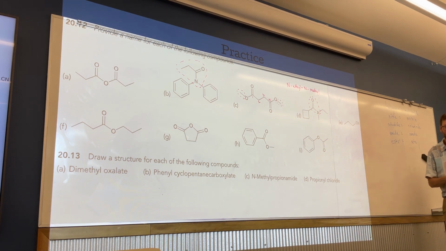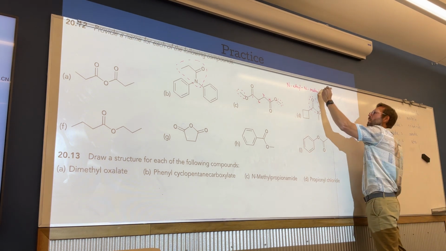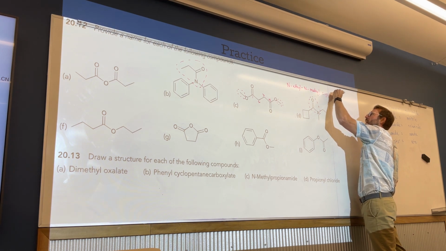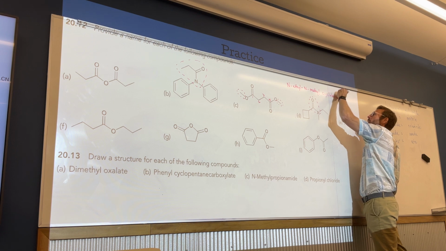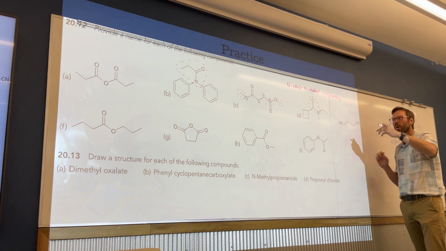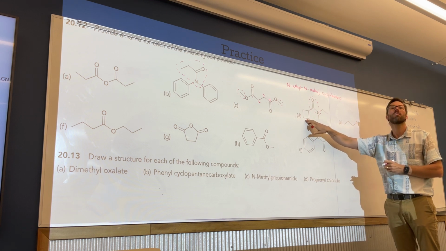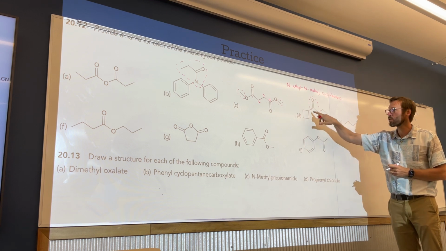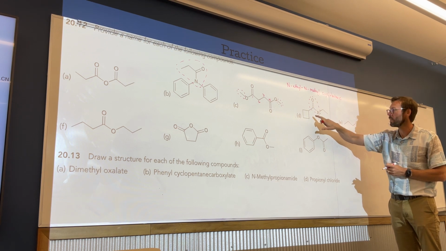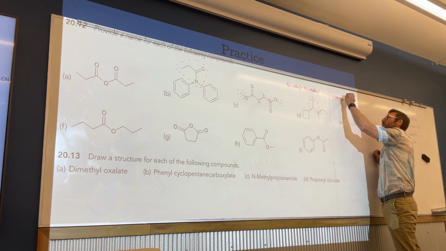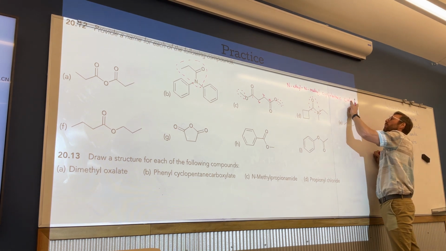Now we have a cyclobutane. And when we have a functional group coming off of a cyclic ring, it's carbox-something, right? So when this was the carboxylic acid, we called it carboxylic acid, right? In this case, we can call it carboxamide.